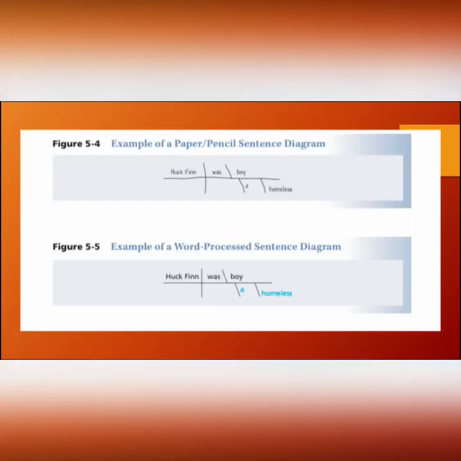The next are figure 5.4, an example of a paper or pencil sentence diagram, and figure 5.5, an example of a word processed sentence diagram.